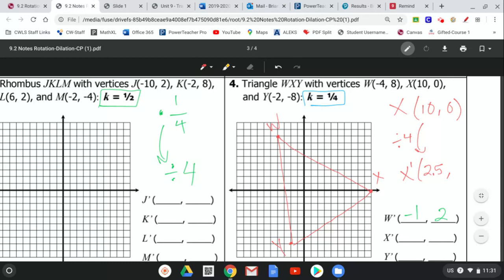If it tells you to leave it as a fraction, leave it as a fraction. If it tells you to round to the nearest tenth, round to the nearest tenth. If it says just leave it as a decimal, leave it as a decimal. It's going to be a terminating decimal, just like this one, 2.5. 0 divided by 4, obviously 0 divided by any number is still going to be 0. So our coordinate for X prime is (2.5, 0).